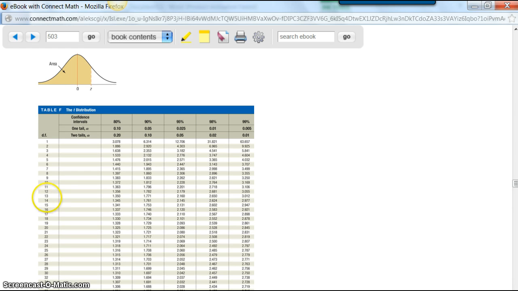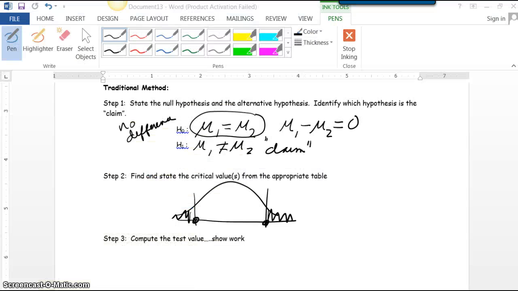But ours are exactly the same, so 14. The alpha that we want is 0.1. We're on a two-tailed test, so it's 2.977. And so you have plus or minus 2.977, 2 critical values, 2 critical regions.